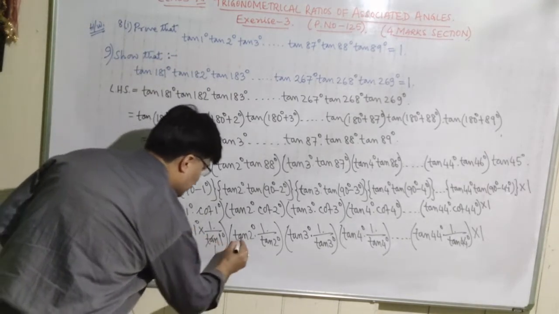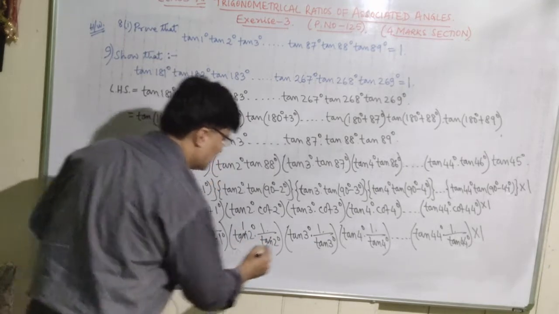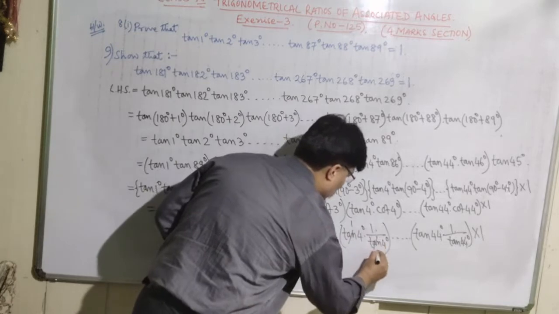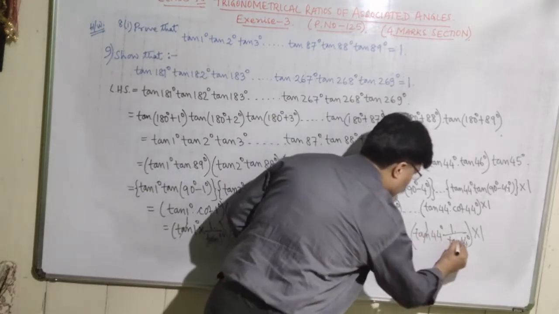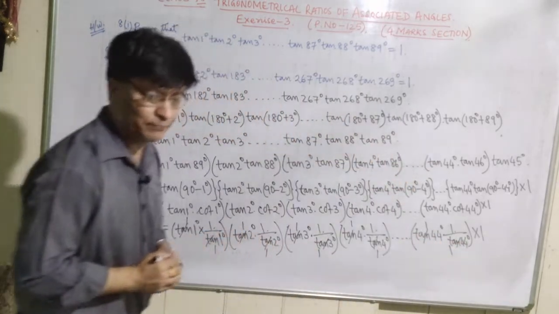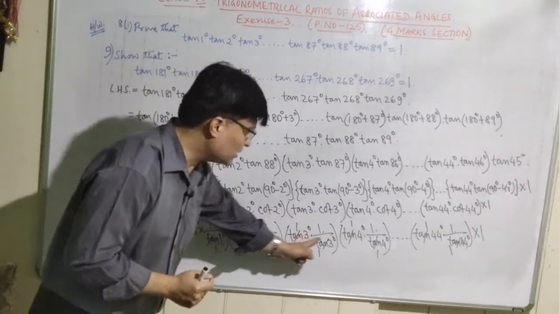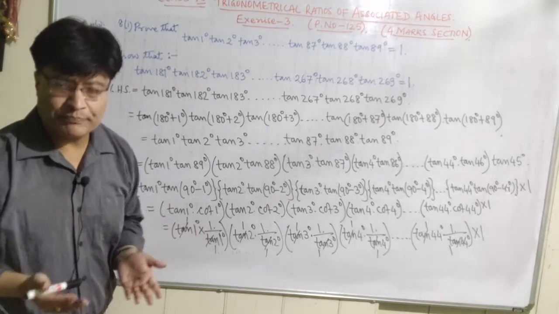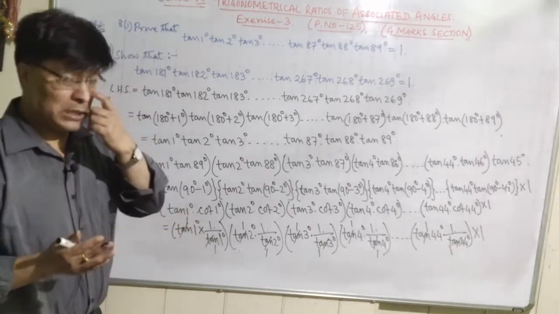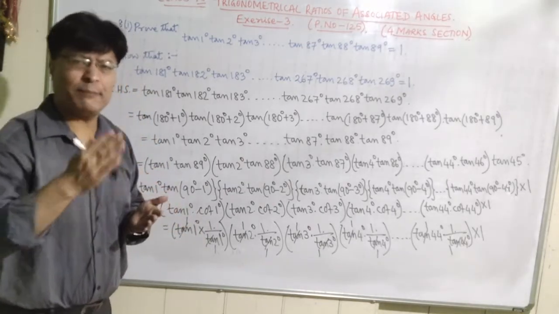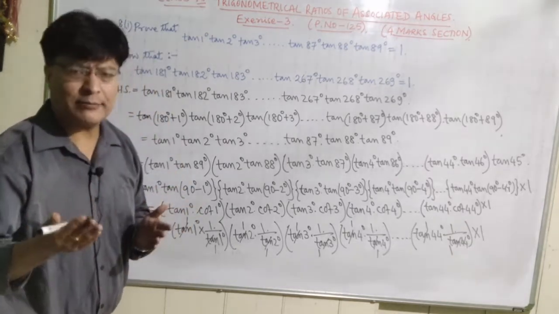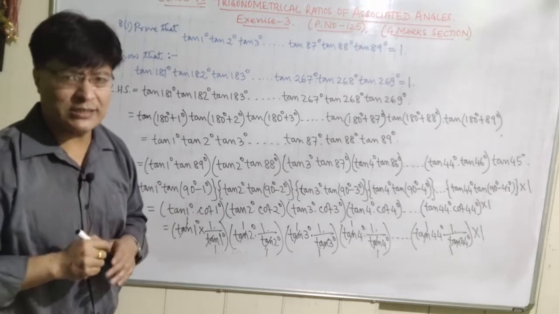This goes 1 time, this goes 1 time, this goes 1 time, this is 1 divided by 1, this is also 1 divided by 1. So all these are 1, isn't it? So what is 1 into 1 into 1 into 1 into 1, etc.? If 1 is multiplied any number of times, 1 into 1 into 1 dot dot dot 1 is equal to 1.